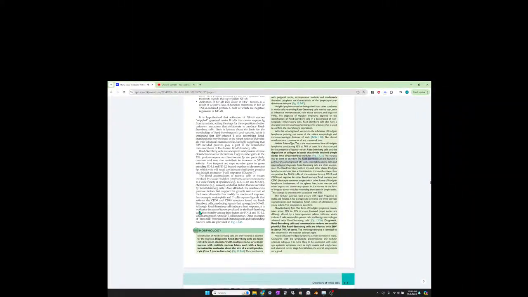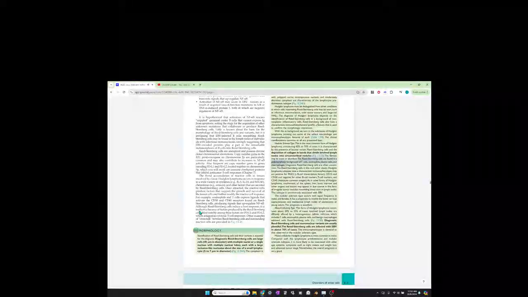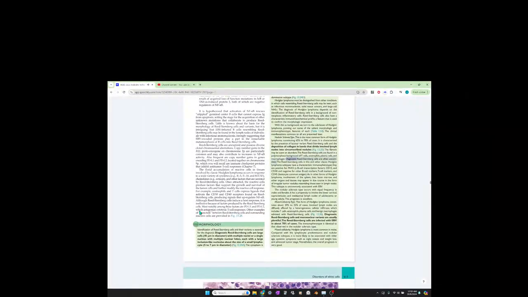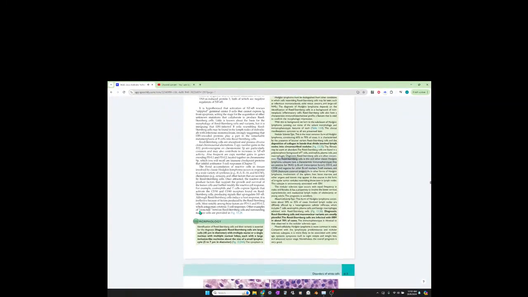The Reed-Sternberg cells are found in a polymorphous background of T cells, eosinophils, plasma cells, and macrophages. Diagnostic Reed-Sternberg cells are often uncommon. The Reed-Sternberg cells in this and other classic Hodgkin lymphoma subtypes have a characteristic immunophenotype.